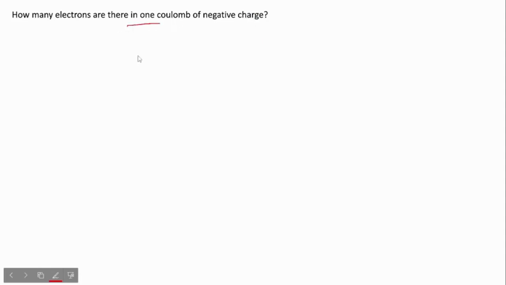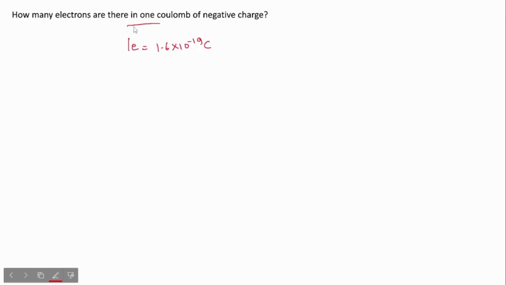As you know, an excess of electrons causes a charge to be negative, and I have told you in the first or second video that one electron carries a charge of 1.6 × 10^-19 coulomb, negative.